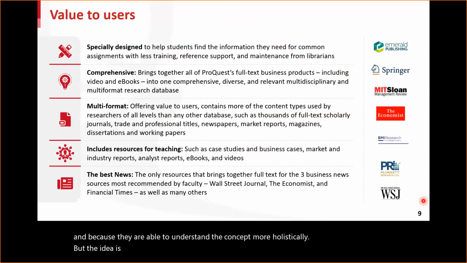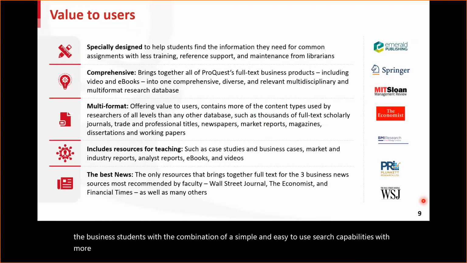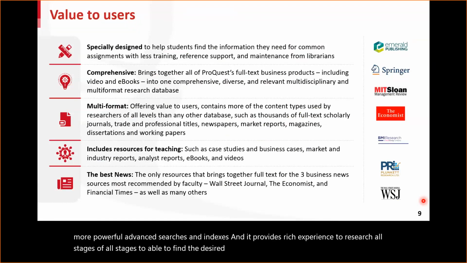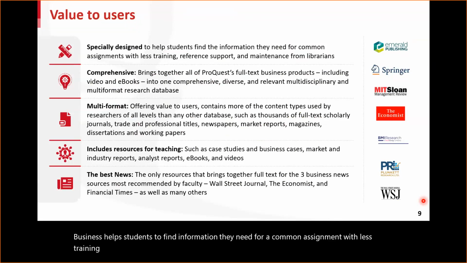So ProQuest One Business is specially designed to support business students with a combination of simple and easy-to-use search capabilities with more powerful advanced searches and indexes. It provides a rich experience for researchers at all stages to find the desired information, compared with any other databases. ProQuest One Business helps students find the information they need for a common assignment with less training, reference support, or even maintenance for librarians.